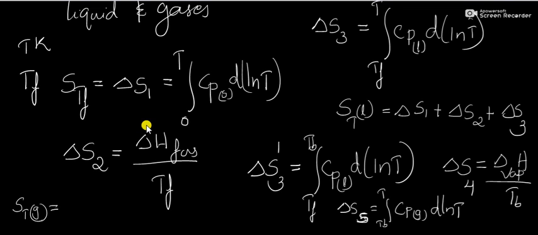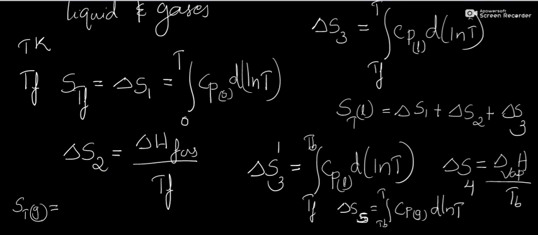Then the substance is heated at its fusion point TF to convert into liquid state. Then the entropy of fusion of the substance, that is delta S2, will be equal to delta H fusion divided by TF.